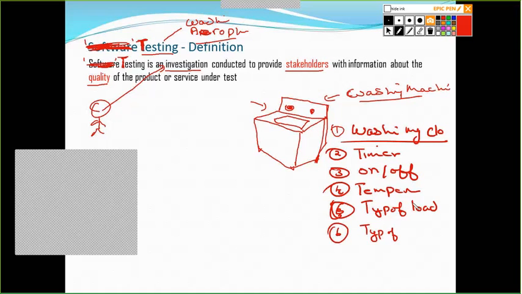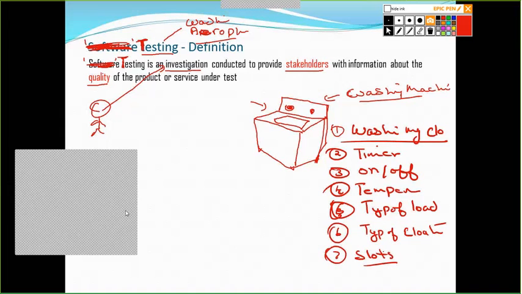Type of load. Yeah, heavy, light. Type of cloth, like silk, woolen. Yes. Thank you. Different slots for detergent and liquid. Okay, fine. Slots for detergent.